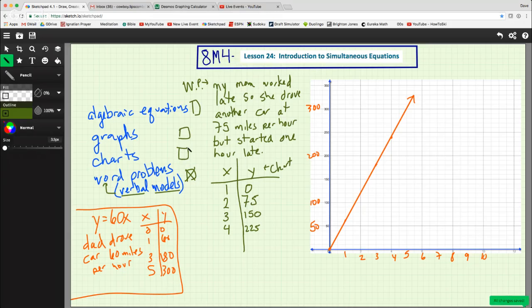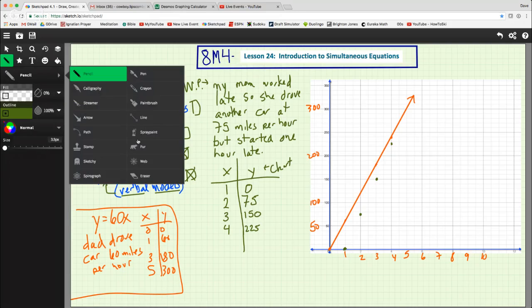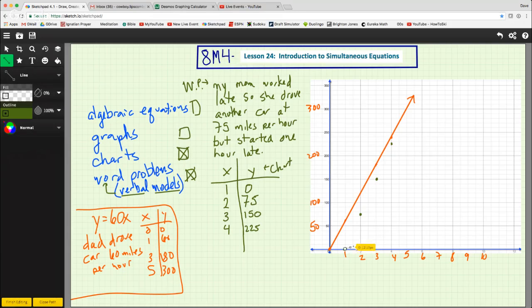Then we did a chart. Now we're going to do the graph. So after 1, she was at 0. After 2, she was at 75. After 3, she was at 150. After 4, she was at 225. Okay, so let's make a graph out of this guy. Let's graph her progress. Wow, look at that.